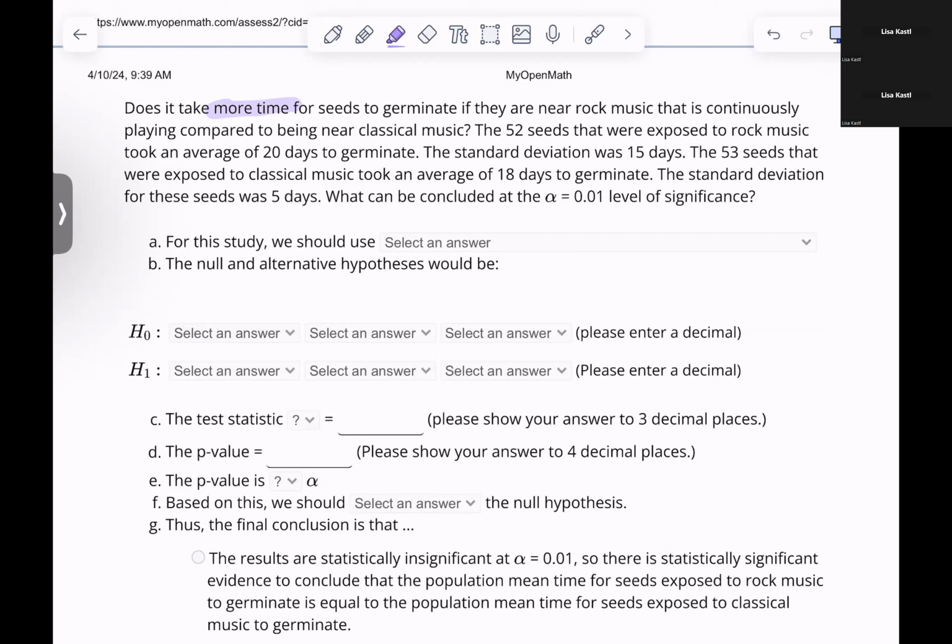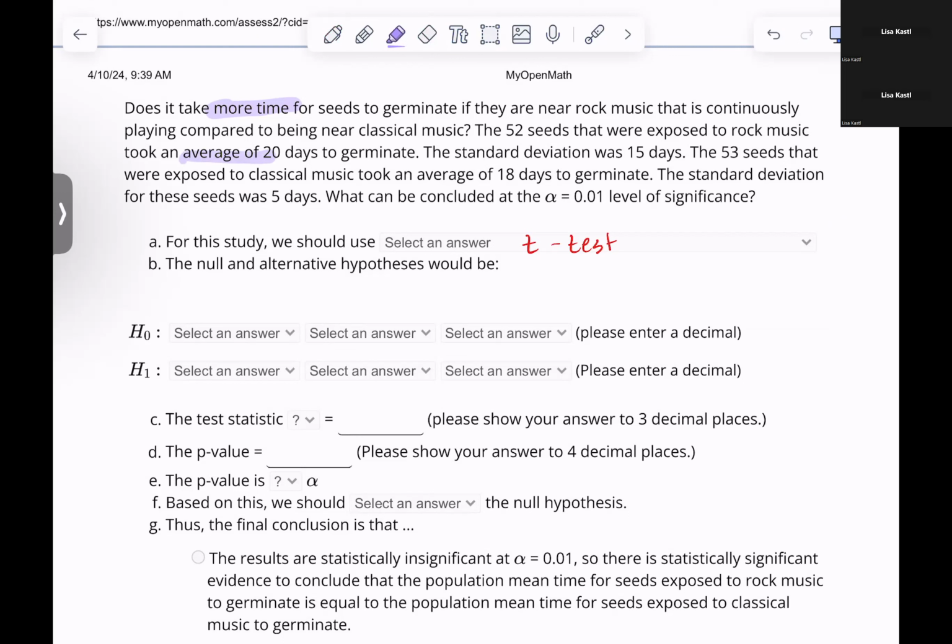So what kind of test are you doing? The two proportion t-test. It is a t-test. For what? Two proportion. No, not proportions. And I know it's not a proportion because they give me an average. So it's a t-test for either independent means or dependent means.